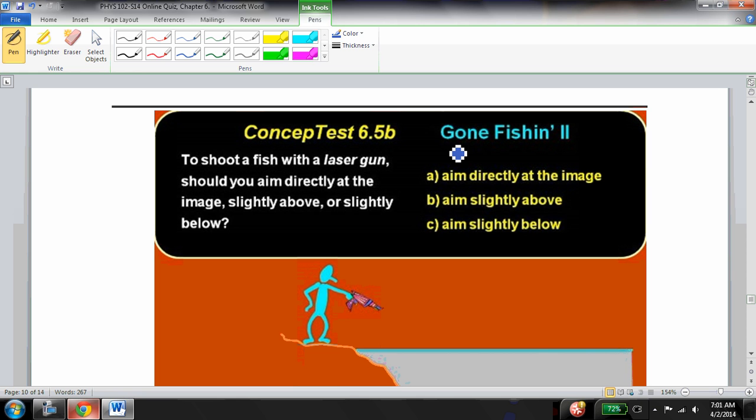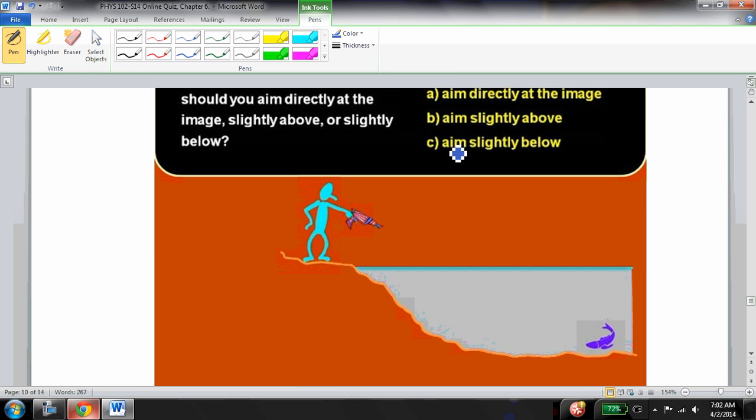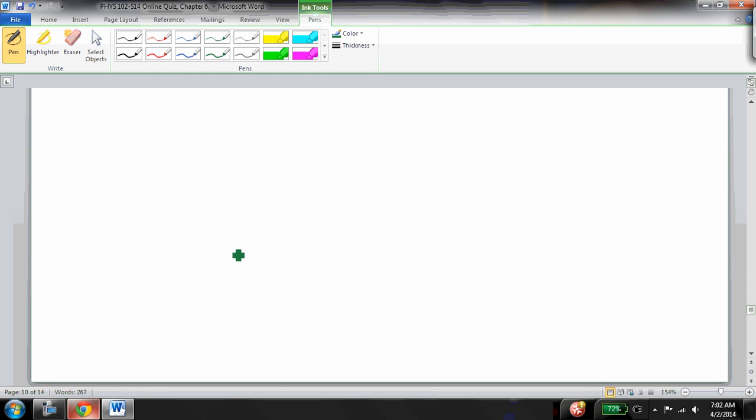However, if you're using a laser gun, then the laser will also refract just as the light ray from the fish does, and it will hit the fish, if you've ever been laser gun fishing before.